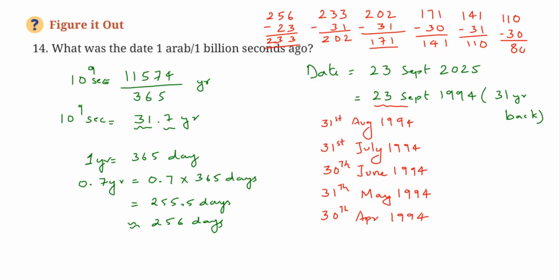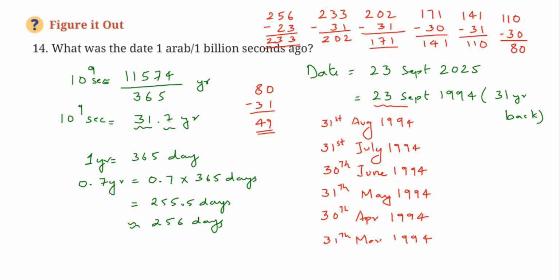In March there are 31 days. So I get 31st March 1994. Now this is my current date. Let's subtract 31 days from 80. I get 49. So still 49 days are there.